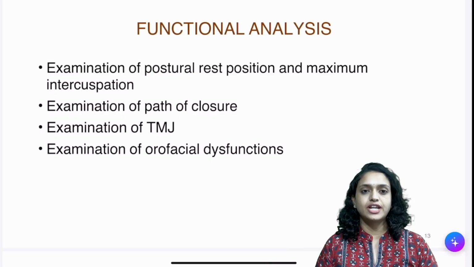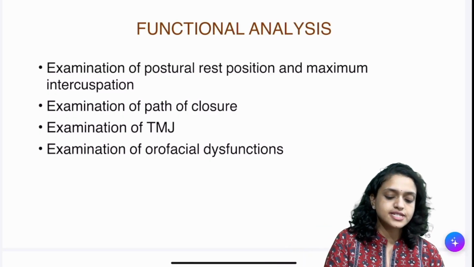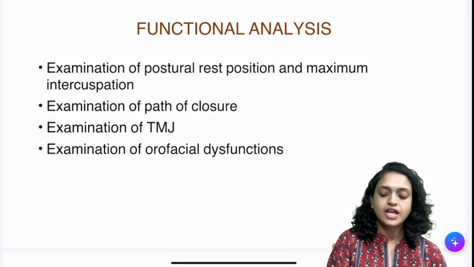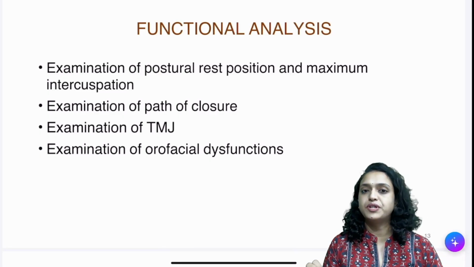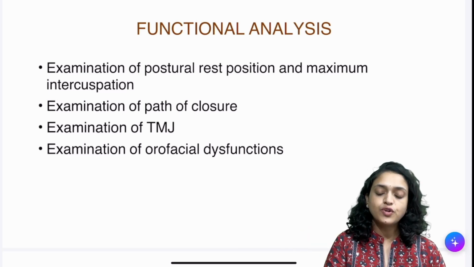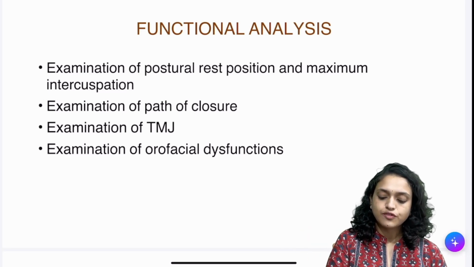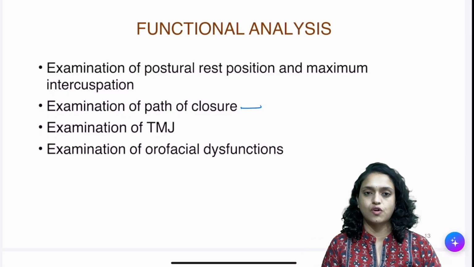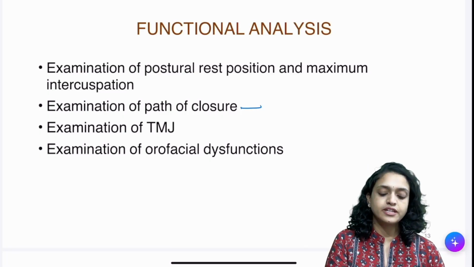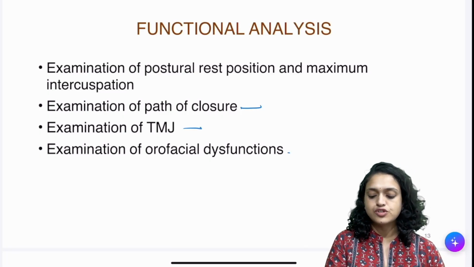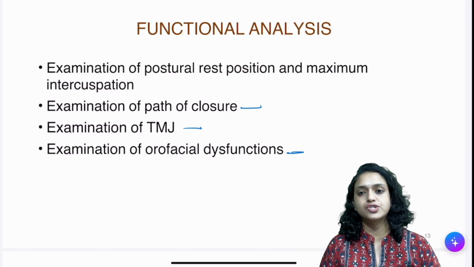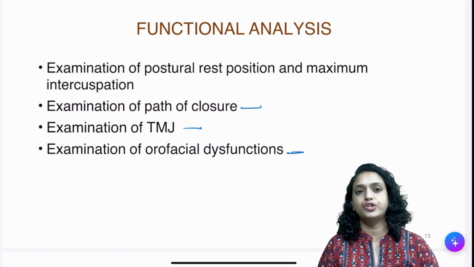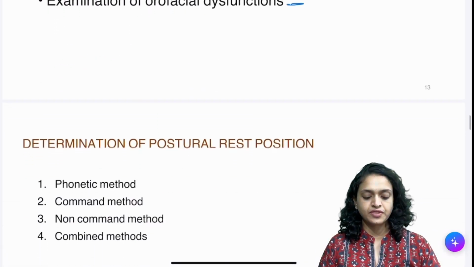In functional analysis, there are 4 steps. The first is assessment of the postural rest position and assessment of the maximum intercuspation position. When you assess that, you can assess the path of closure. In certain malocclusions, the path of closure is slightly altered. We'll discuss that subsequently. Then you examine the TMJ and a few orofacial dysfunctions that you generally encounter during an orthodontic procedure.